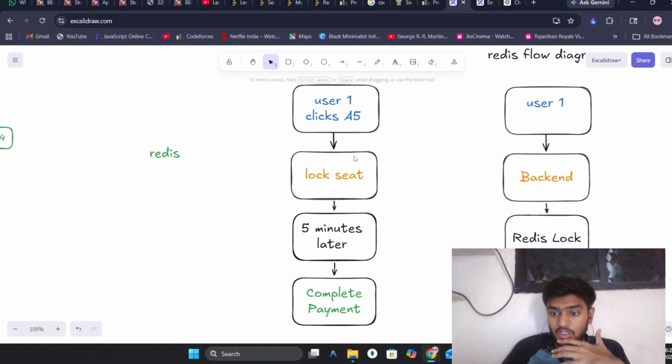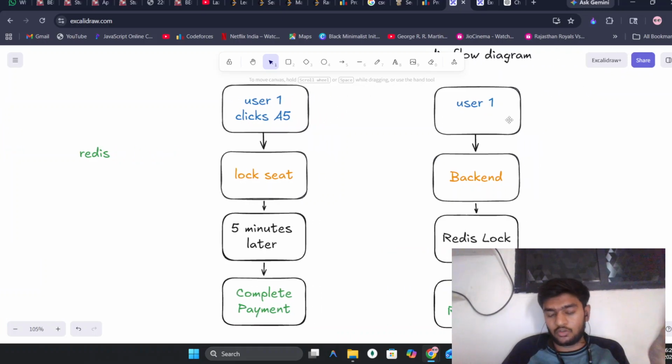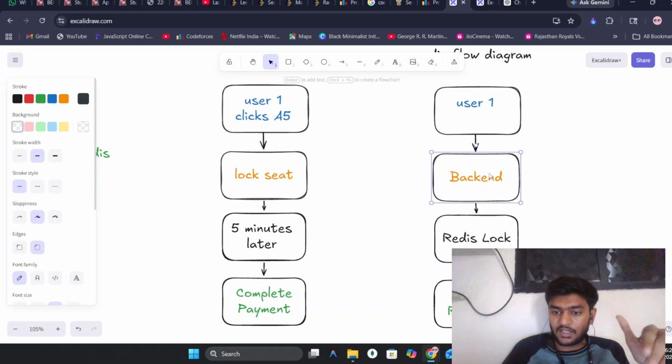So when user one tries to book the ticket, it goes to the backend, which tries to lock that seat. Because the locking happens in Redis, what we store in Redis is that seat A7 is locked by user one.